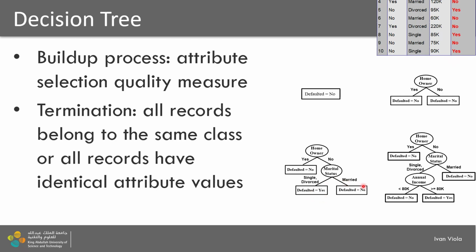While if they are married, then everything should be fine and it is safe to lend them the loan because they will be able to repay it. That will be the decision tree status at this point. And we can further grow it because we are still not done with this. This will currently already be a pure node with all records only consisting of class defaulted no. However, this single and divorced will still have a mixture, with now, this time, the majority being yes.